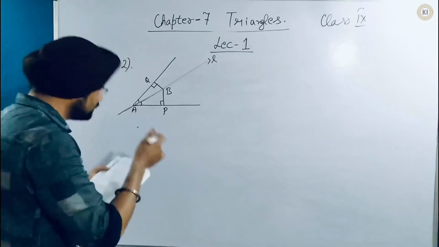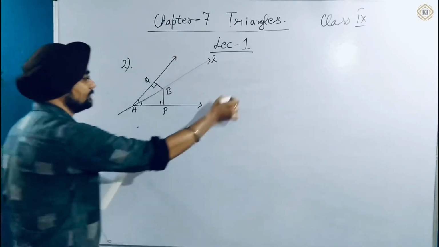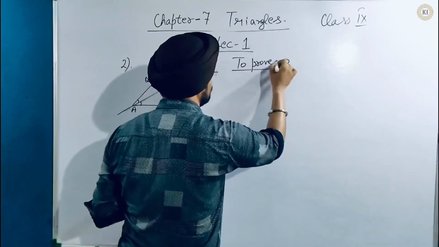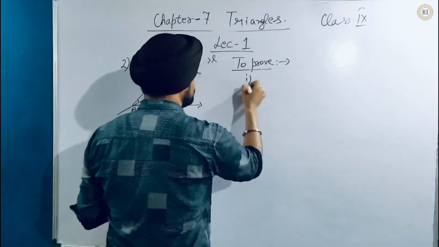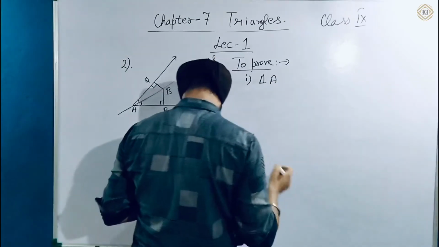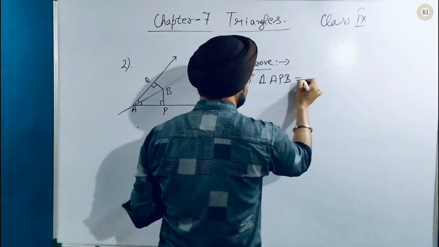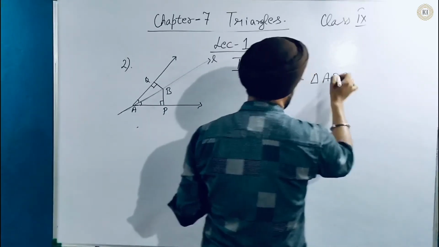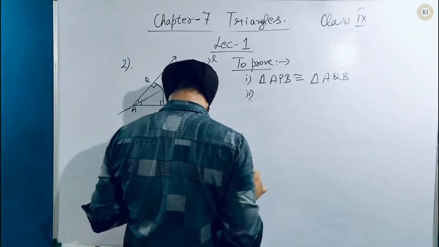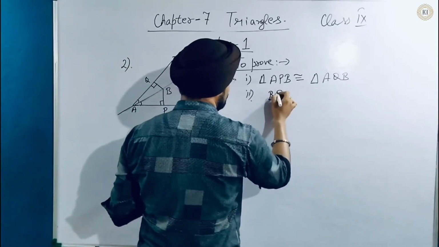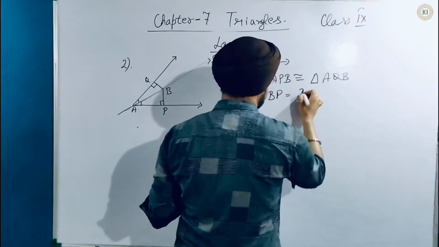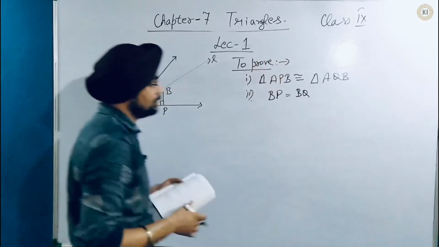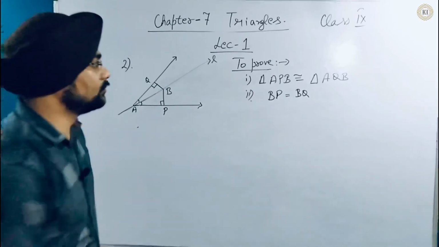So in this question we have to prove, first part, triangle APB is congruent to triangle AQB. Second part, BP is equal to BQ.